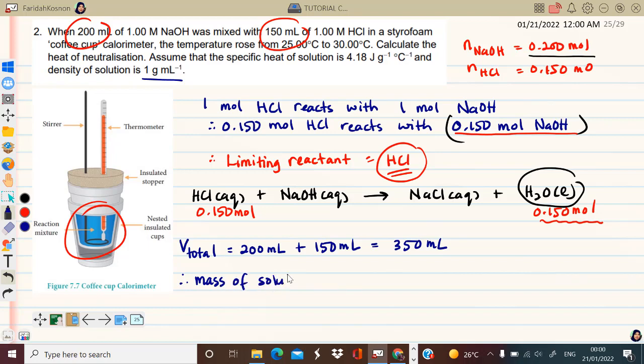Okay, kalau because the density of water is 1 gram per milliliter, maksudnya dia punya mass of solution is 350 gram. So this is mass of solution. Okay, jadinya kita dah boleh kira dah ni sekarang sebab kita dah ada mass of solution, yang lain-lain tu dah ada. Kita boleh kira apa dulu? Kita boleh kira Q reaction. How much heat release from the reaction in the calorimeter?